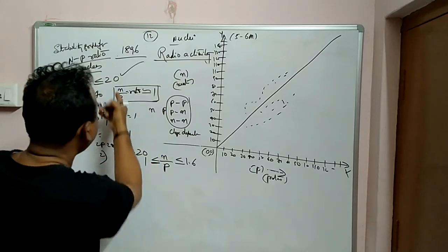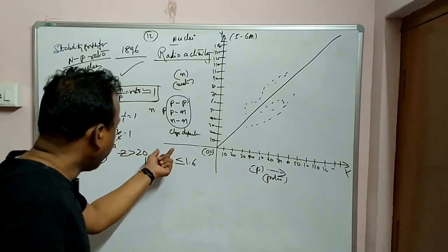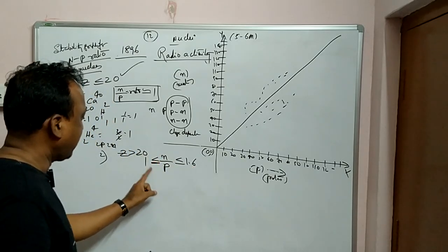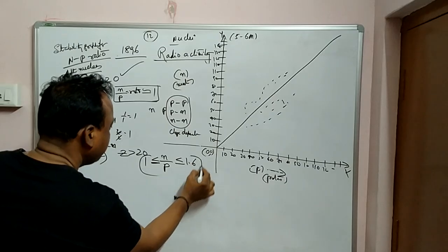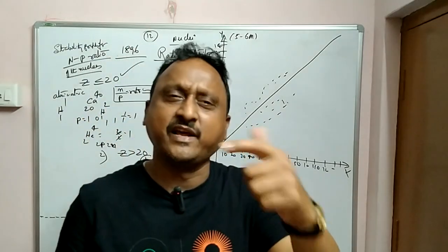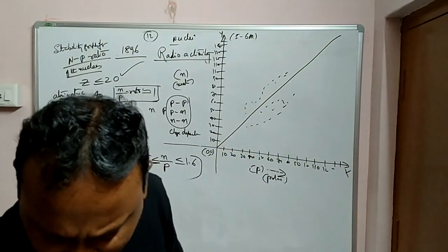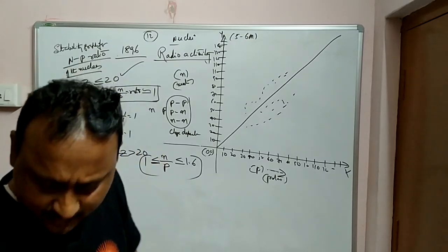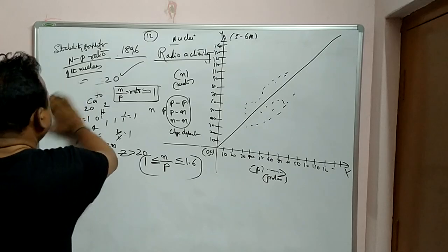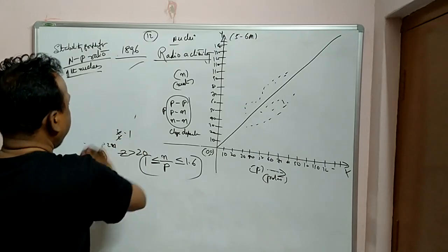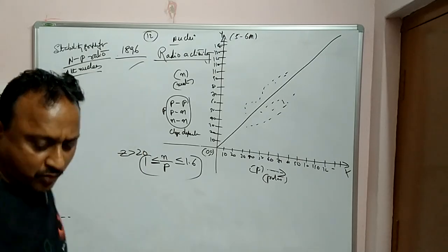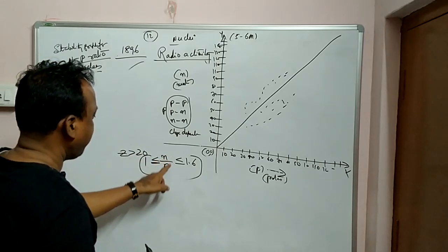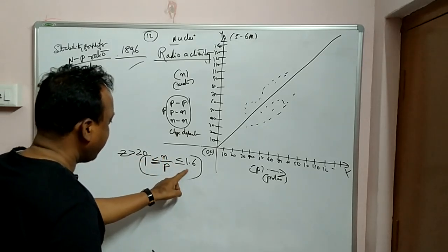In the first case, atomic number less than or equal to 20, the ratio is about 1. For atomic number greater than 20, that is vanadium and the other elements, like iron, you can take an example. I'll write it here because there is no place.